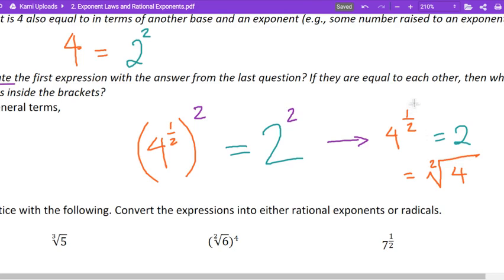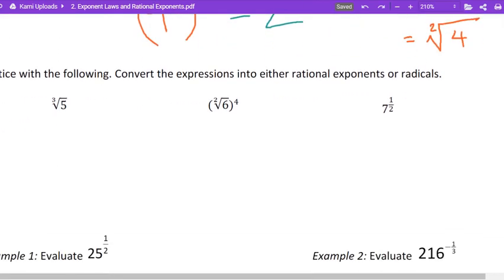So when you have an exponent that is a fraction, we're actually taking a root. This implies that we are to use the radical symbol. Let's practice this.